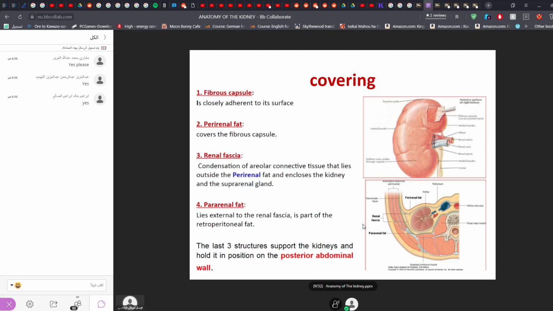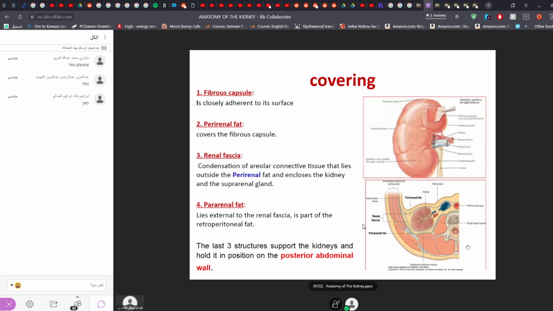Now, the most important part of this lecture is the covering. The covering of the kidney is the most important factor in the position of the kidney.